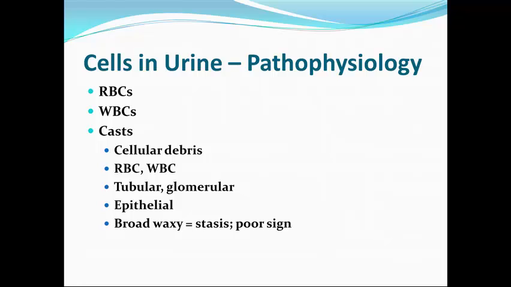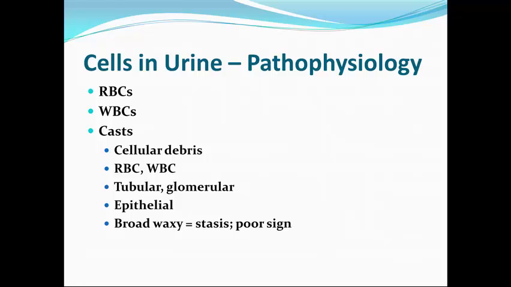One of the most important things we look for is cellular debris, and those would be casts. Casts are literally cast-off cells from the epithelium. So we may have red blood cell and white blood cell casts. These are broken down cells, maybe very dysmorphic or unusual looking, but they've been cast off from an epithelium under stress.